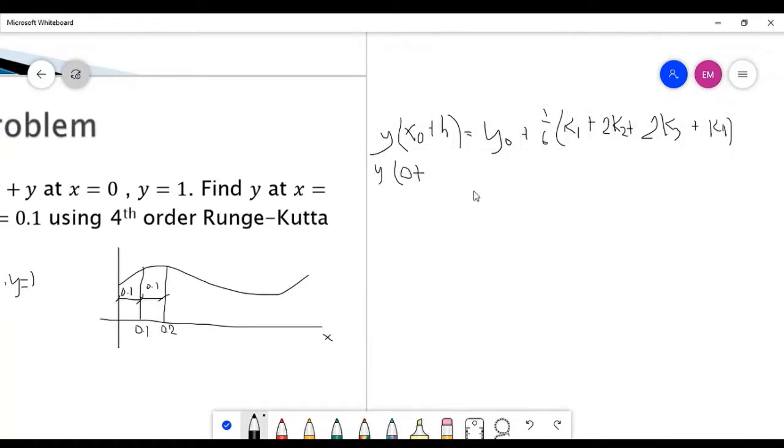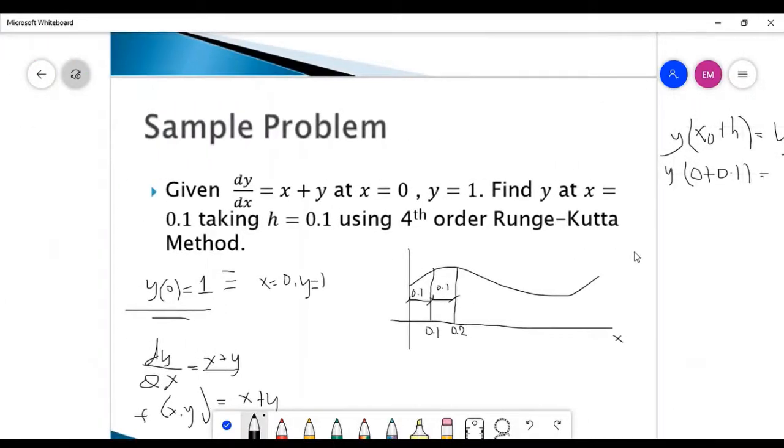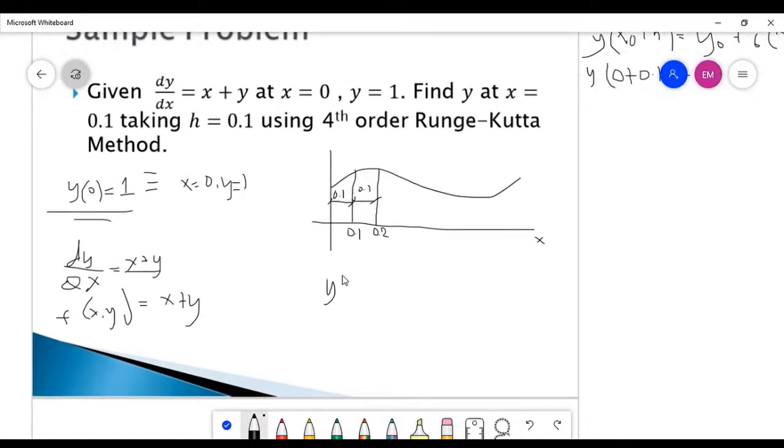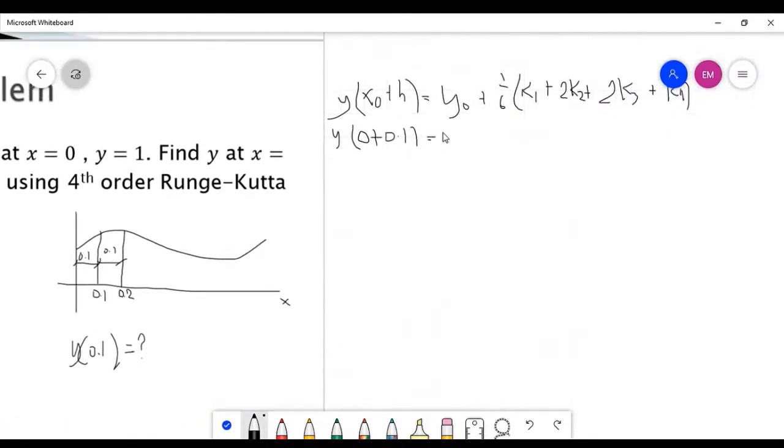Your h is also 0.1. Our initial y is 1. So, what the problem is looking for is to find the value of y of 0.1. Right? Find y at x is equal to 0.1. So, what is it? y0 is 1 plus 1 over 6 of K1, K2, K3, and K4.